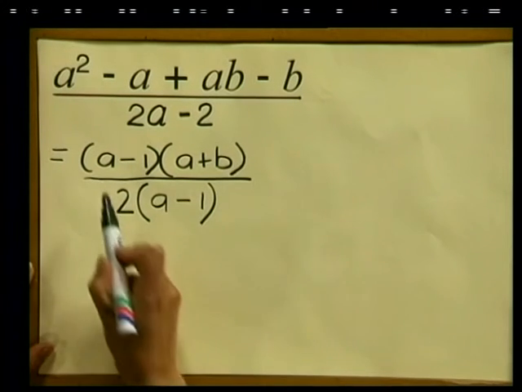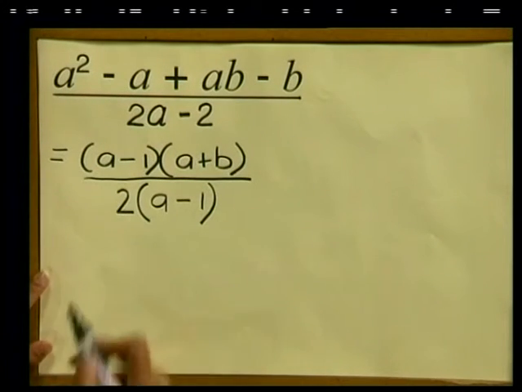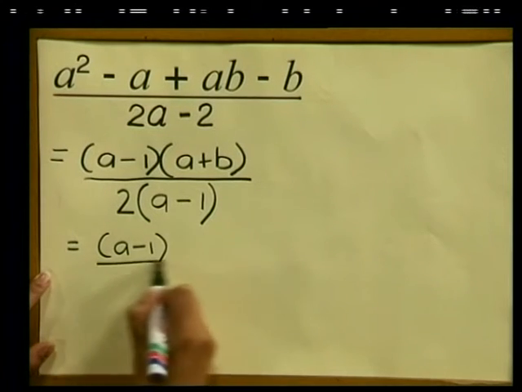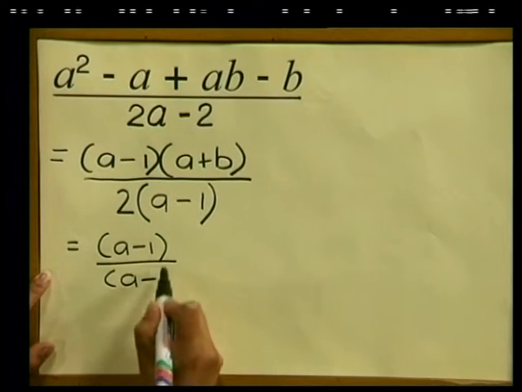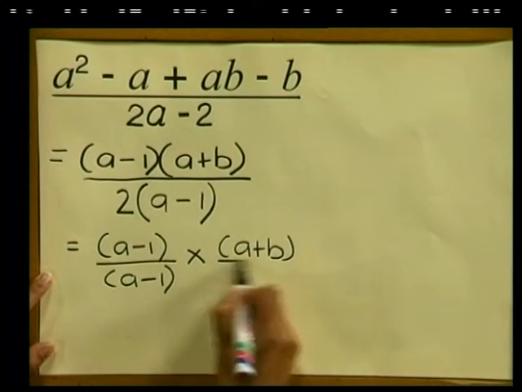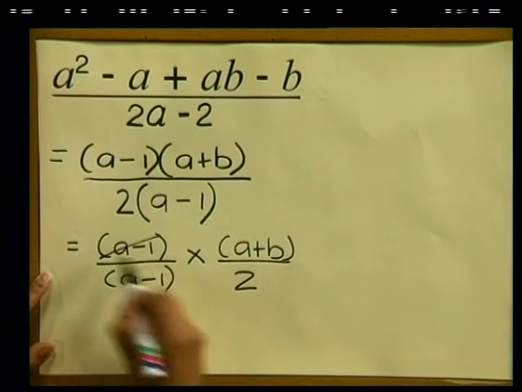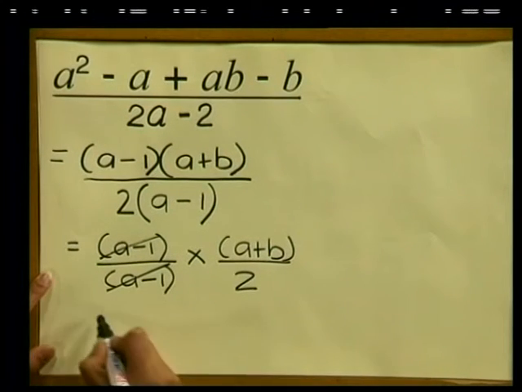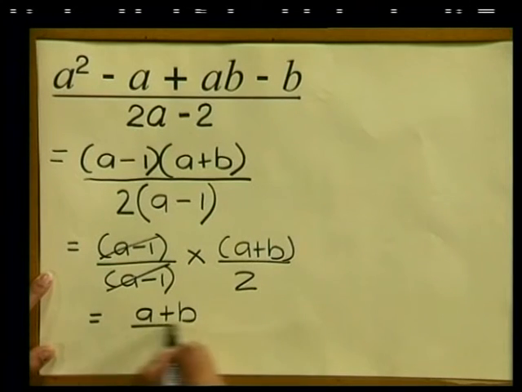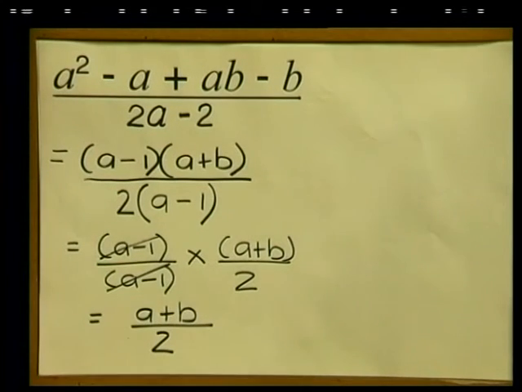We have the common factors a minus 1, so we can rewrite this as a minus 1 divided by a minus 1 multiplied by a plus b divided by 2, and notice our common factors cancel out, and we are going to be left with a plus b all divided by 2.